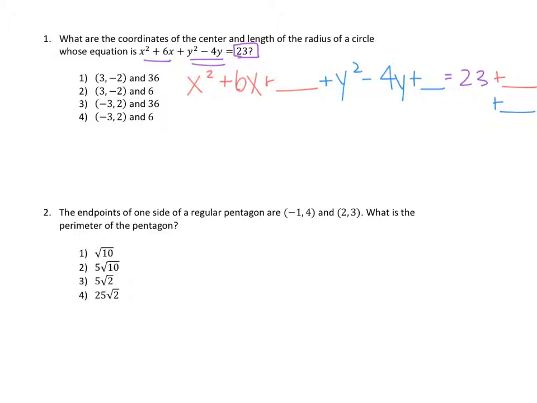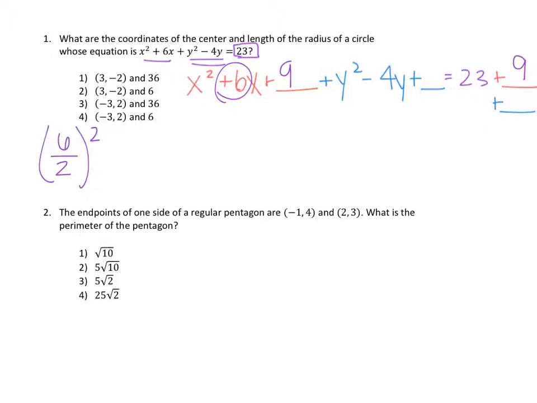So we take that b value of 6, and we divide it by 2, and then we square it. This is the process of completing the square. You cut it in half, and then you square it. So this gives us 9, which means if I put a 9 on the left side of my equation, I also need a 9 on the right side of my equation.